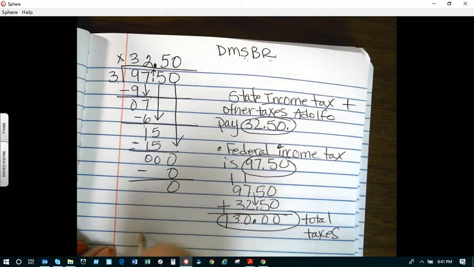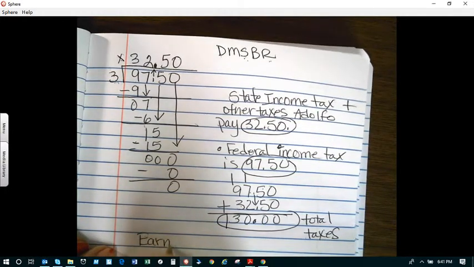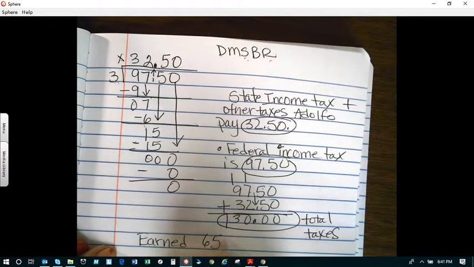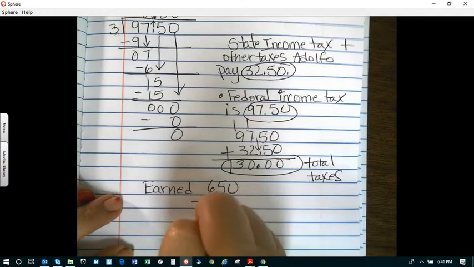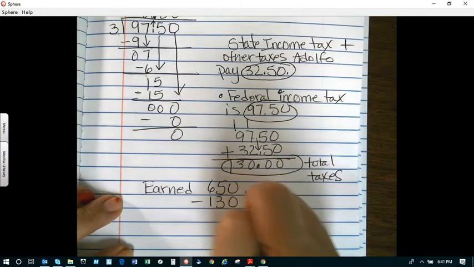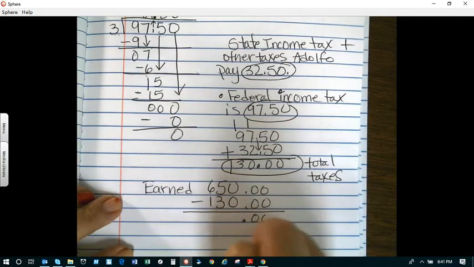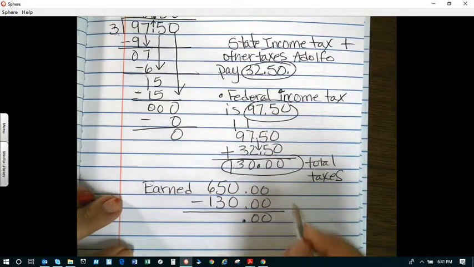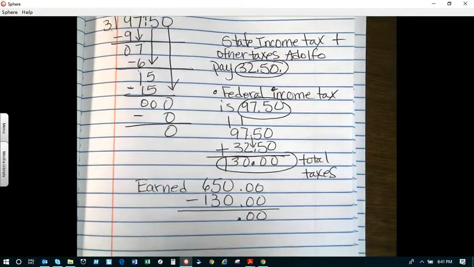Now we know that he earned $650. Now I'm going to subtract out my $130. There are no changes. These are all whole numbers. So you can do it like this if you want to, or you can just leave it like that, and that's okay too.